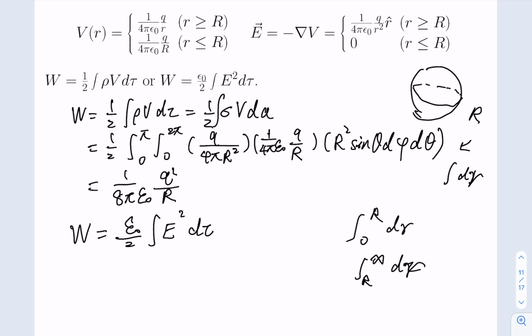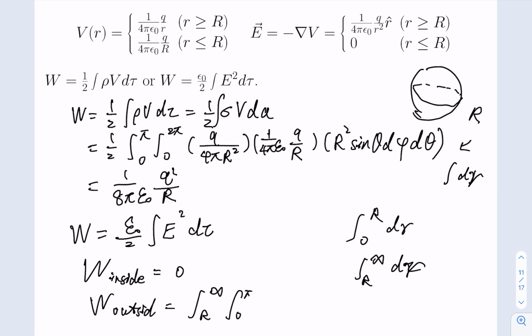And so this gives two terms. The first term, inside the shell, is 0 because the electric field is 0, and W outside can be computed by integrating over the r direction, the theta direction, and the phi direction.